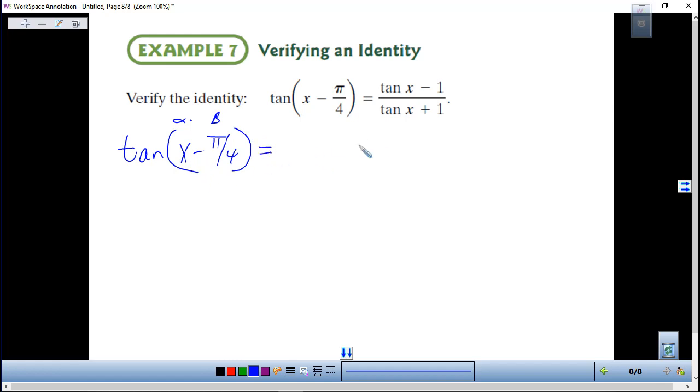Let me write the equation out. The equation is tangent alpha minus tangent beta over 1 plus tangent alpha tangent beta.